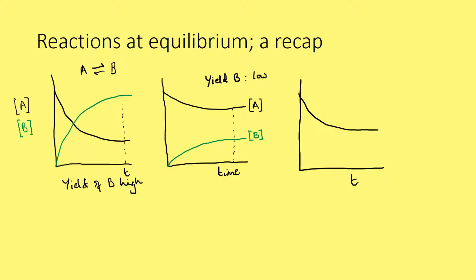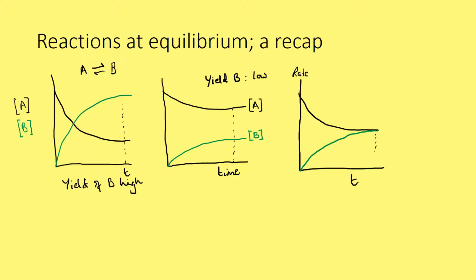And also we can consider the rate with respect to B. At the start there's no B, and the rate would start increasing, and when the rates are the same, that's when we've got equilibrium.